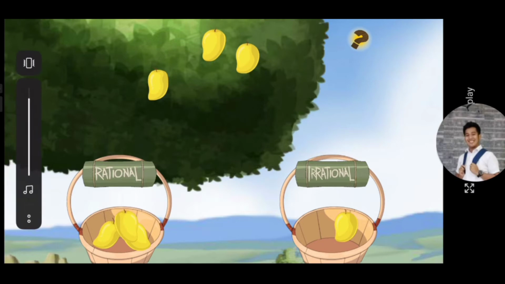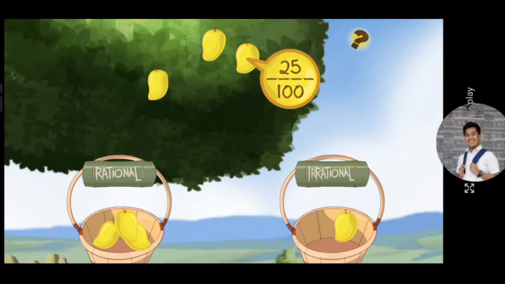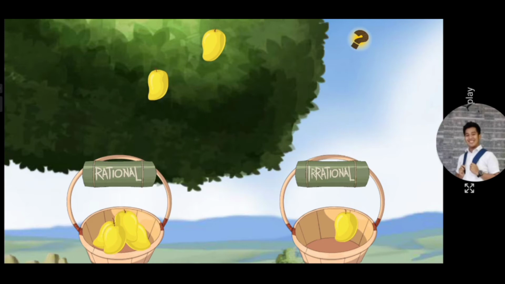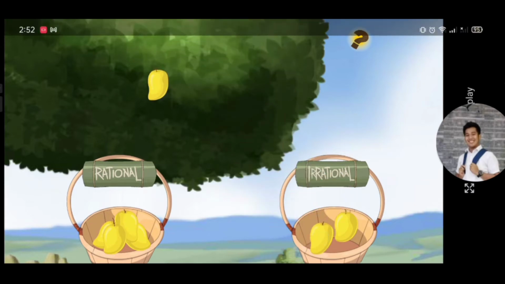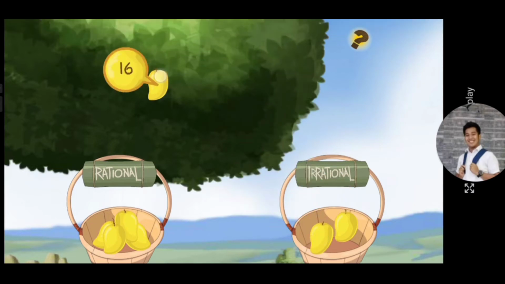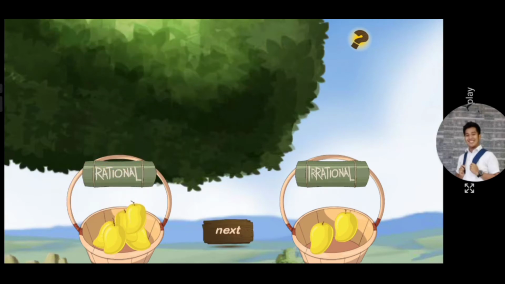Another mango. We have 25/100, it is also rational. Another one, last two, we have square root of 2, and this is irrational. Next, we have 16, and a whole number is also rational. Let's continue.